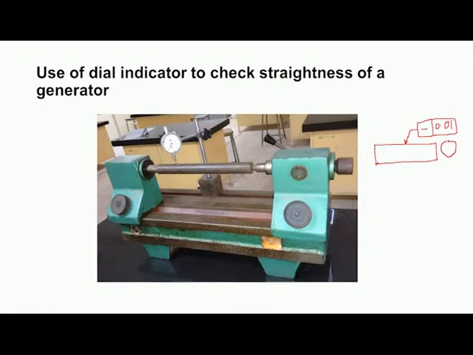Now, what we can do is clean the workpiece specimen to be tested for straightness, and mount it between the two centers. Then we can use a dial indicator, and we should mount it as shown in this figure.